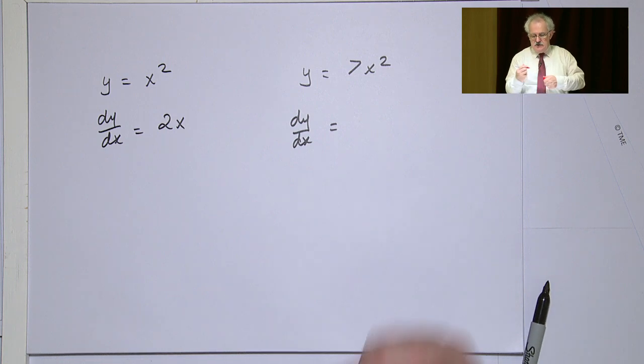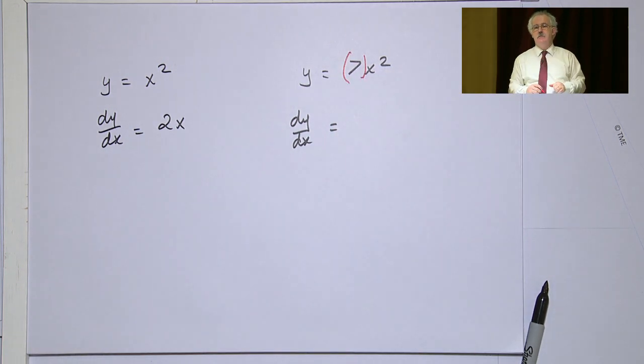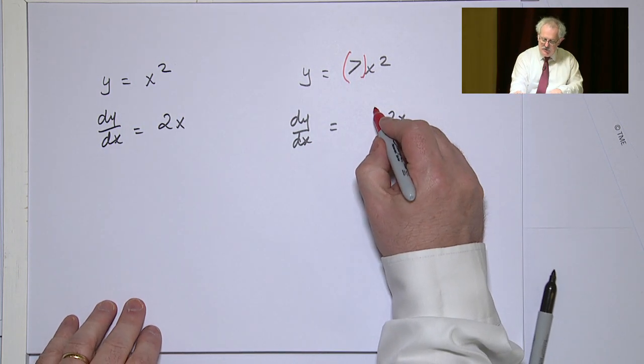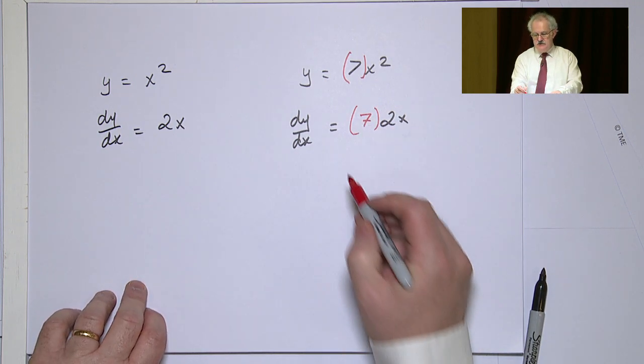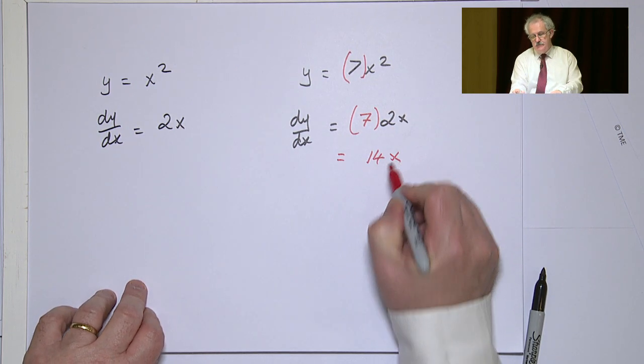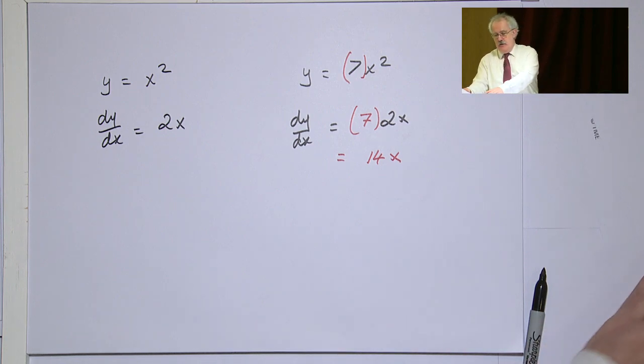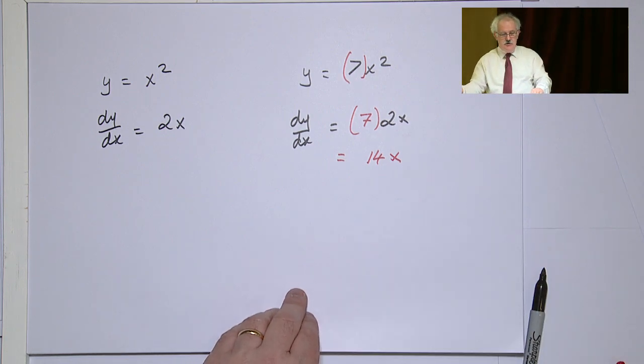The 7 is a multiplier. So we can leave it out for the moment and get the 2x for the dy dx, and then put back in the multiplier of the 7. 7 times 2 is 14x. Is that okay? So that's really all that's going on there in that one method that they talk about.